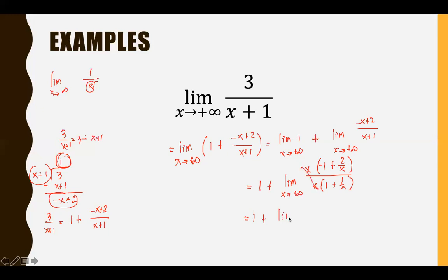What's left is the limit of negative 1 plus 2 over x over 1 plus 1 over x as x approaches positive infinity. If we solve this, this will be equal to 1 plus, the limit of negative 1 is negative 1, plus the limit of 2 over x is 0, over the limit of 1 is 1, plus the limit of 1 over x is 0. So 1 plus negative 1, the answer here is equal to 0.